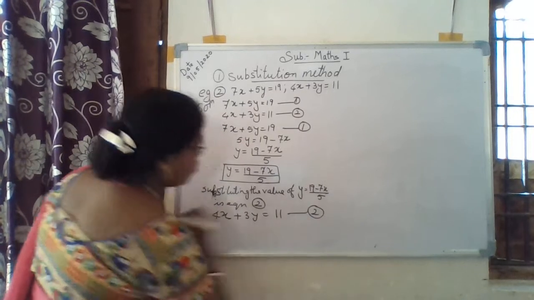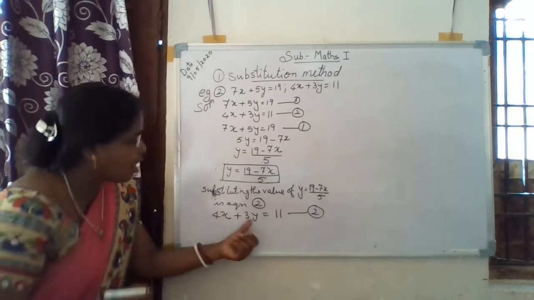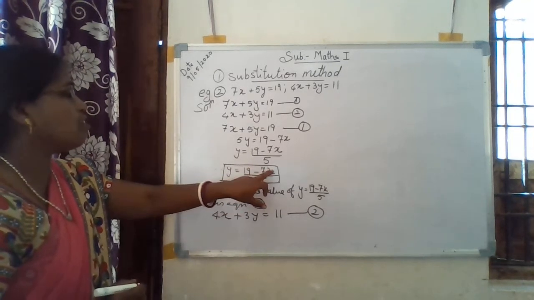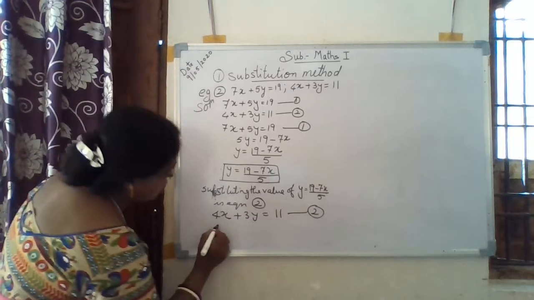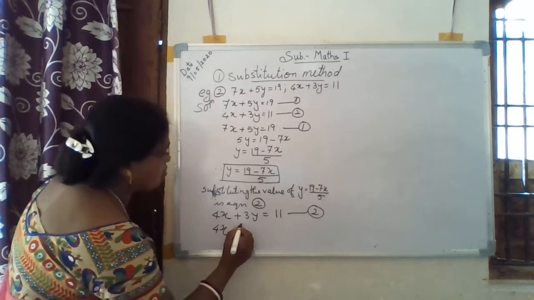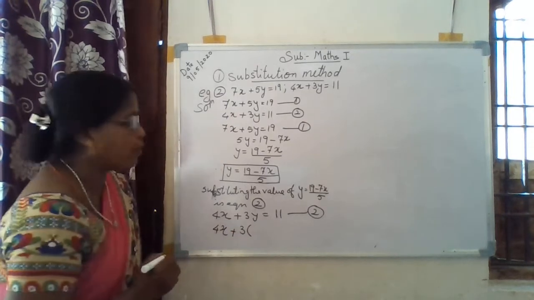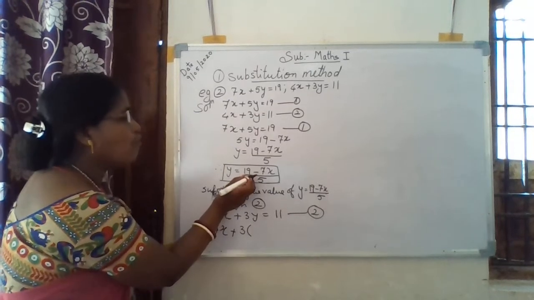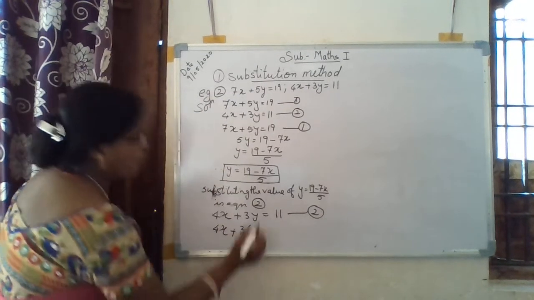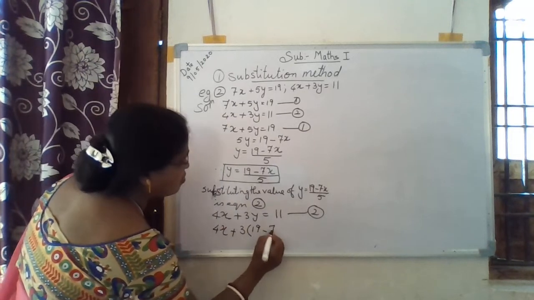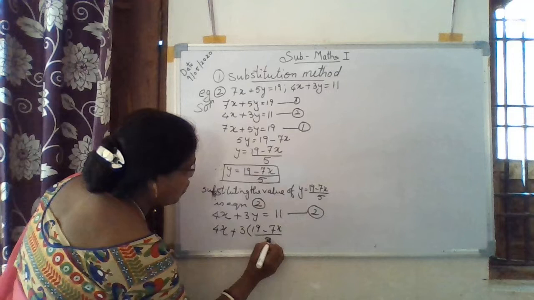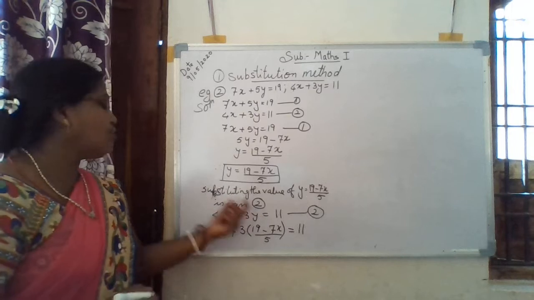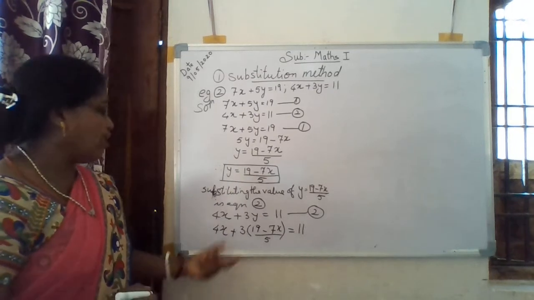In place of y, we'll substitute this value, that is 90 minus 7x upon 5. So, 4x plus 3 into, because here 3 is the coefficient of y, this value of y must be multiplied by 3. 3 into 90 minus 7x upon 5 is equal to 11. In place of y, we have to write the value of y.